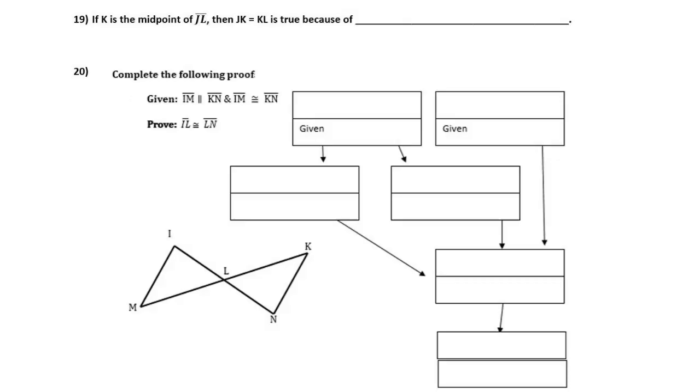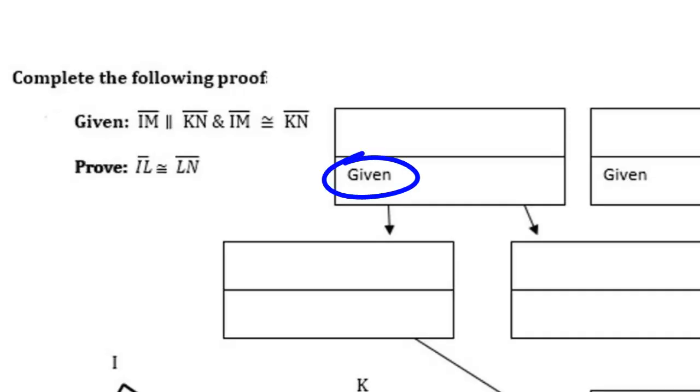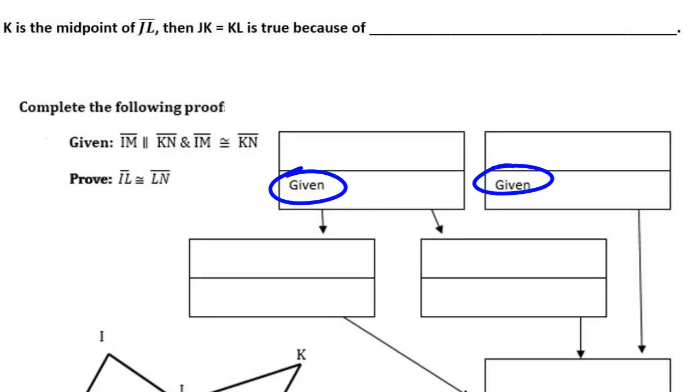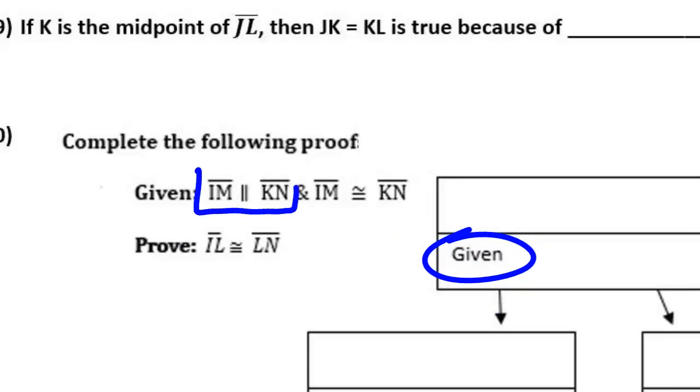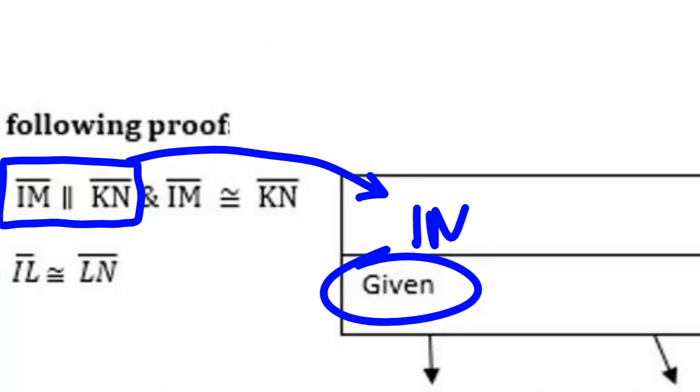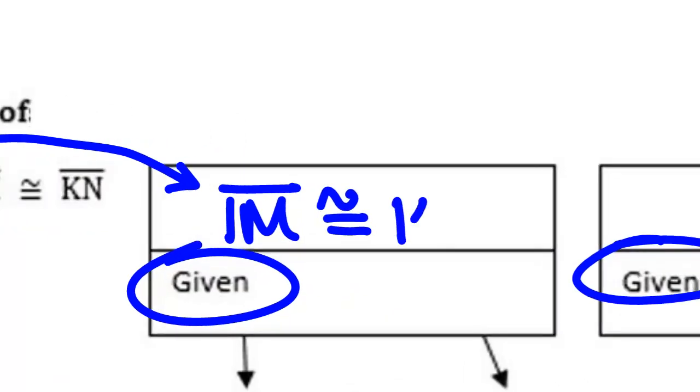Well, the first thing I see I can fill in, there's 2 boxes that say given. And so I'm going to take my given information and put it above that. I'm going to take this piece of given information and put it in the first box. Segment IM is congruent to segment KN.